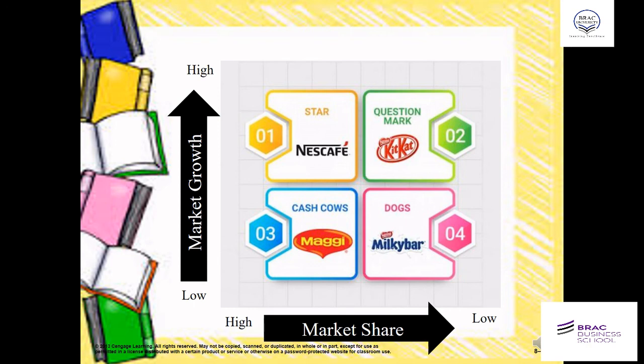About KitKat, they have some confusion because they are expanding their business, but the market share is not increasing as expected. So they are now investigating how they can improve the performance of this brand. Whereas Milky Bar is not accepted that way, and also cannot expand their business as they thought. So it is in the dog stage.